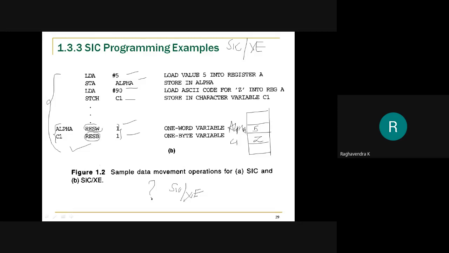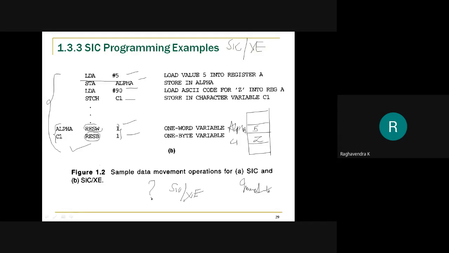Now we know that 5 and Z are constants. So when 5 and Z are constants, instead of storing them in memory, we can supply them as immediate operands, and that is what we are doing over here.